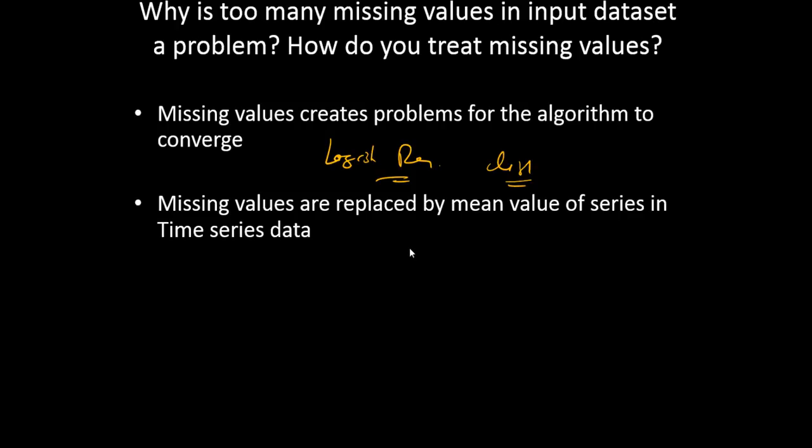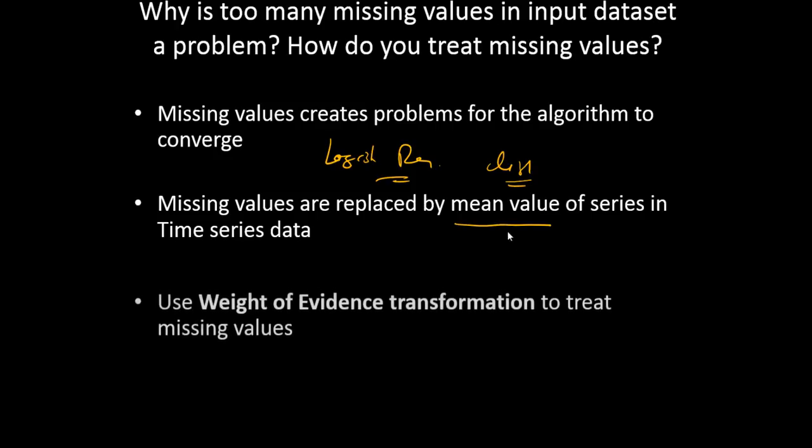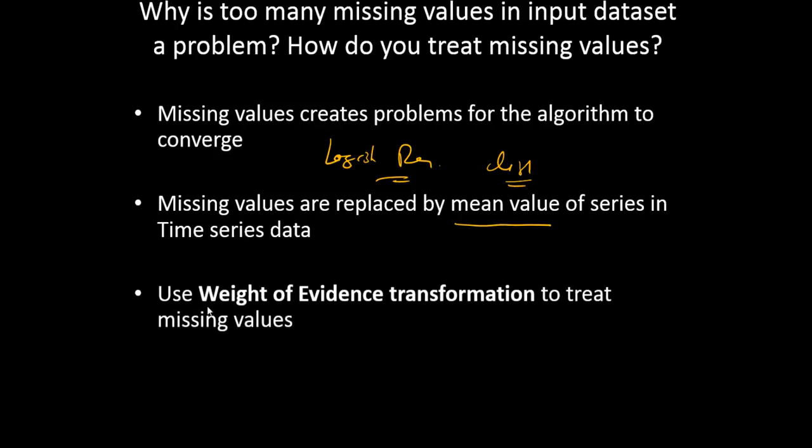So that data continues for a period of time, so you can use the previous period if for a particular period you don't have the data, or else you can also take the mean of the entire series and do the imputation.